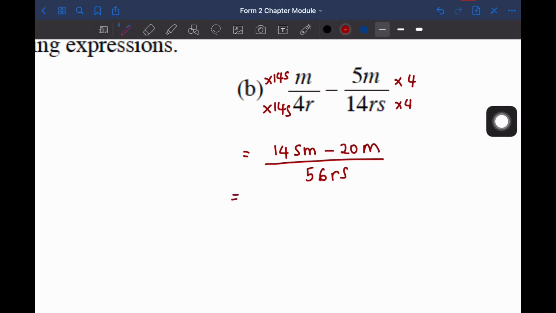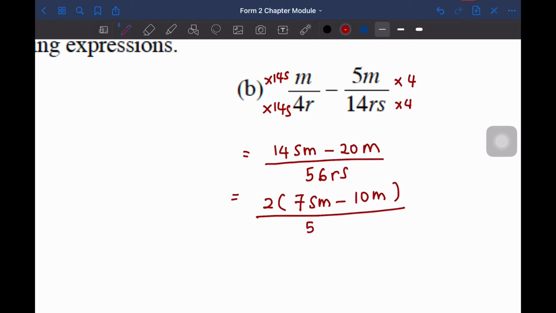So next baru kita kecilkan. 14 dan 20 ni kita boleh bahagi berapa? 14 bahagi 2 kan. So 14 bahagi 2 kita dapat 7, 2 di luar. So 7SM tolak 10M over 56RS. Next 5 dan 56, cuba tekan kalkulator. 2 per 56, so akan dapat 1 per 28 kan.